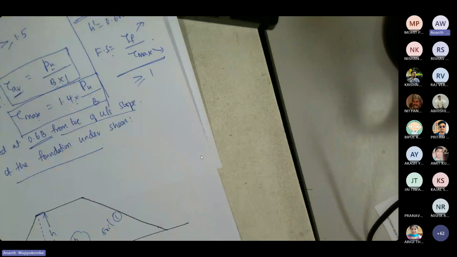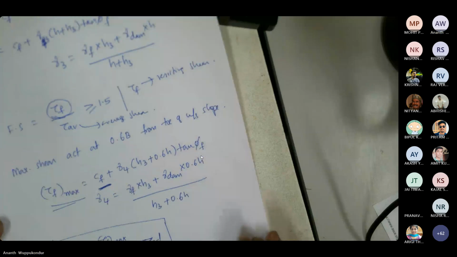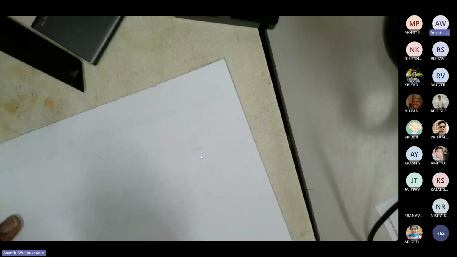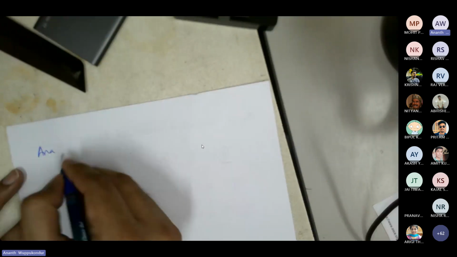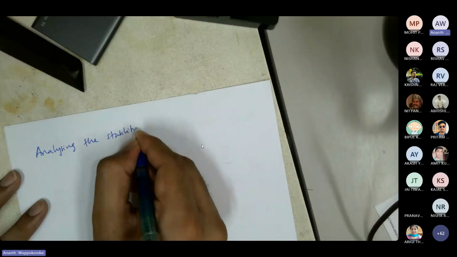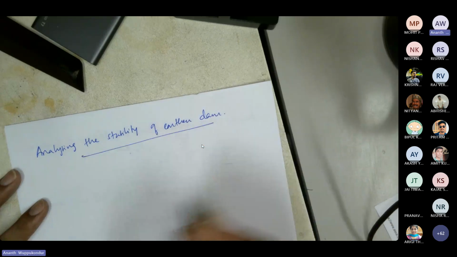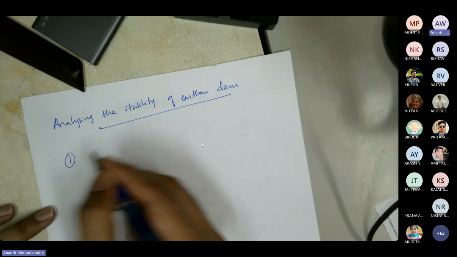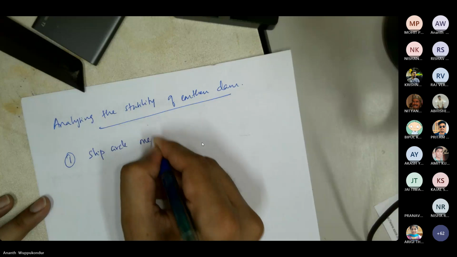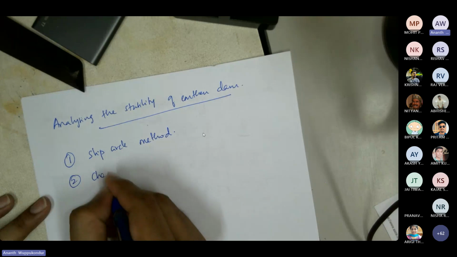So this is how we calculate the factor of safety for different conditions in the dam. If you want to analyze the stability, you need to do the following steps. First, you need to do the slip circle method, and then check for the worst case conditions.